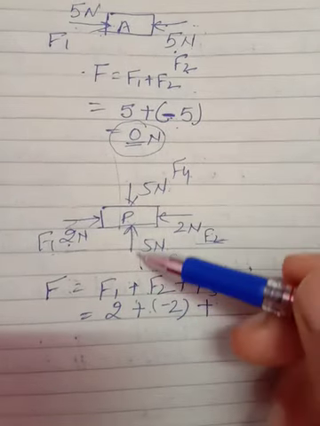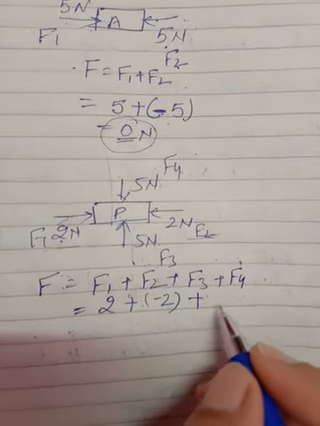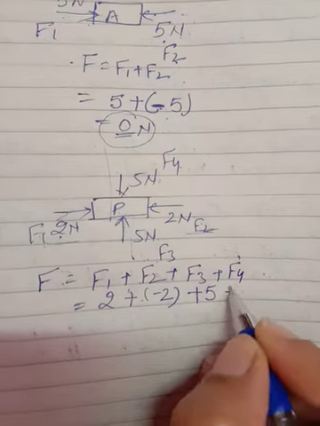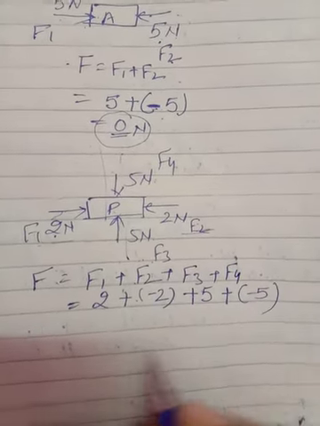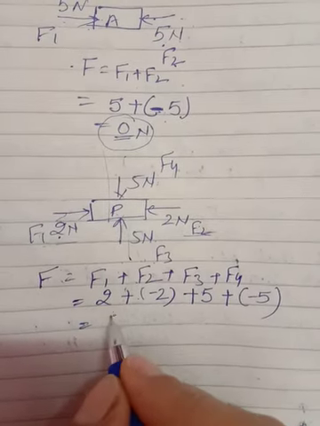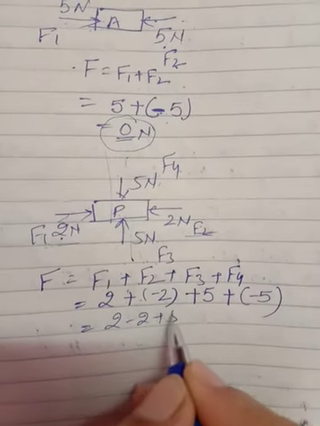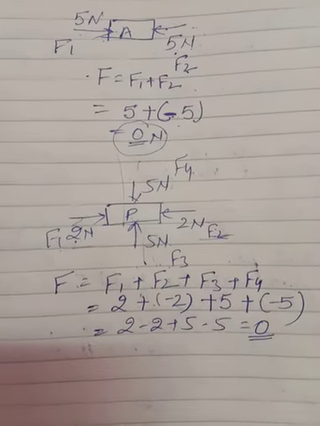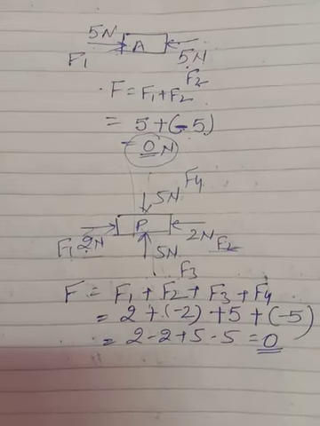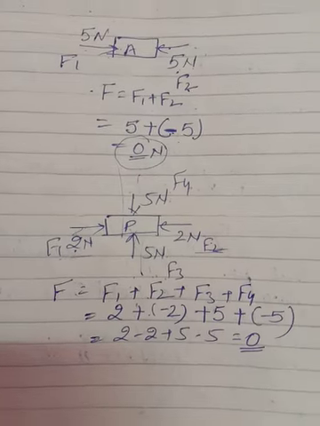If I am taking upward force as positive, it will be 5 Newton, plus downward force is minus 5 Newton. So 2 minus 2 plus 5 minus 5, as a whole 0. So we will say that such kinds of forces are balanced forces.